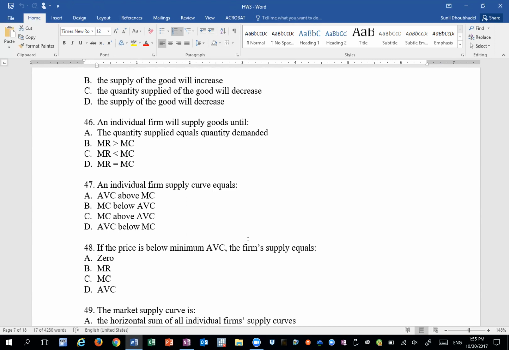And the answer is marginal cost above average variable cost. Okay, the marginal cost line is the same as the supply curve, but it cannot go below average variable cost because you need to at least cover average variable cost to stay in that business.